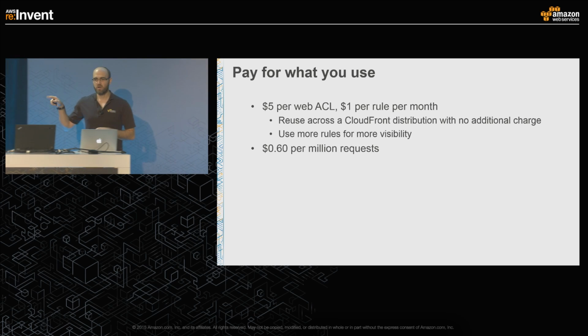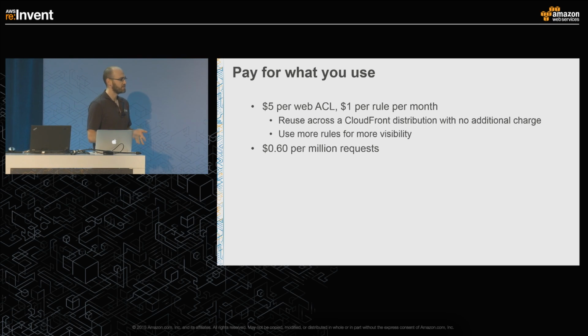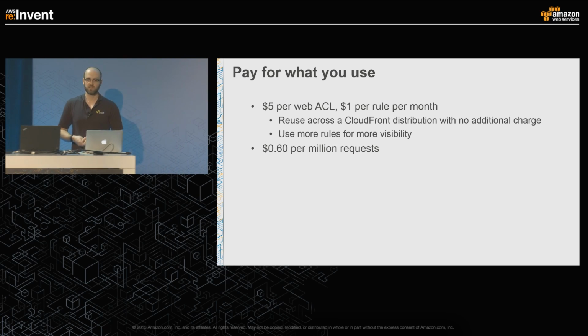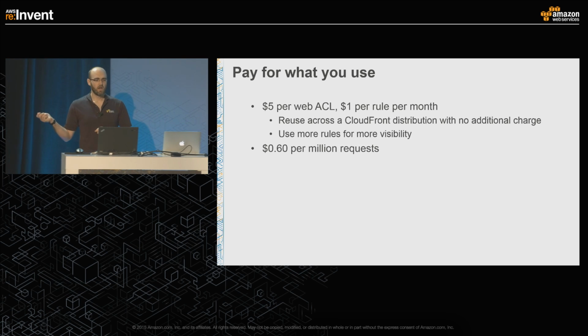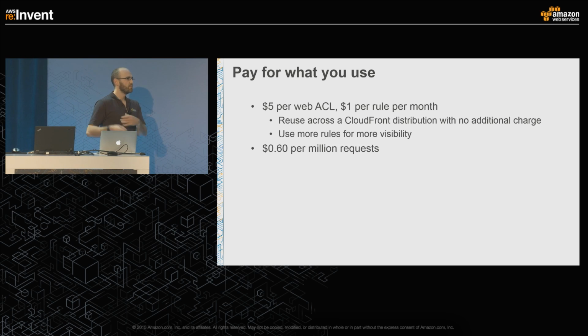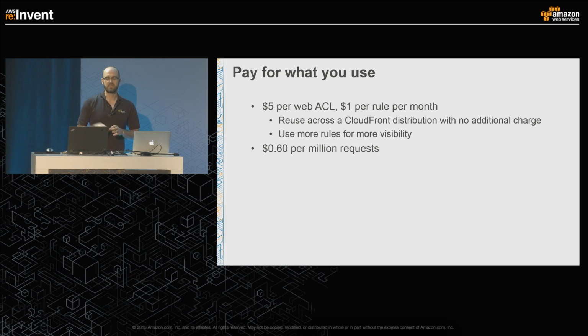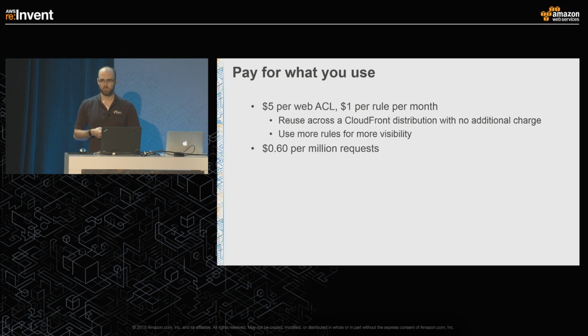And this pricing really follows our visibility costs: for each rule, we're giving you a new CloudWatch metric on a minutely basis, and we're providing you with all of the sampled request streaming. And then on the evaluation side, the cost of doing that condition inspection on the CloudFront Edge locations is covered by the 60 cents per million requests fee.